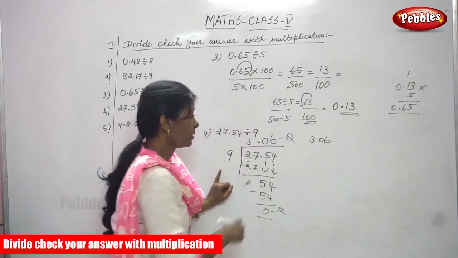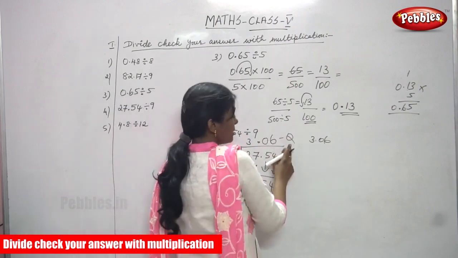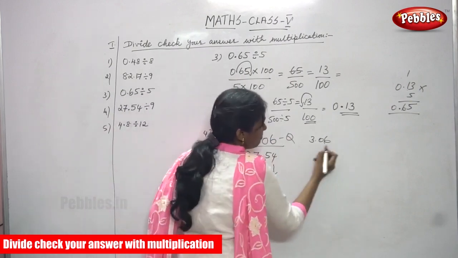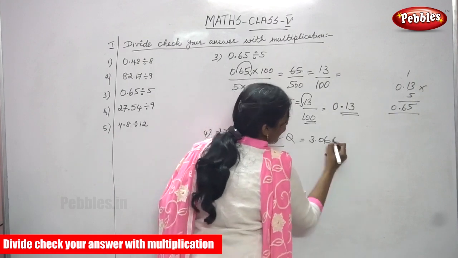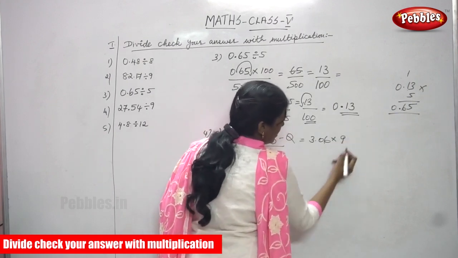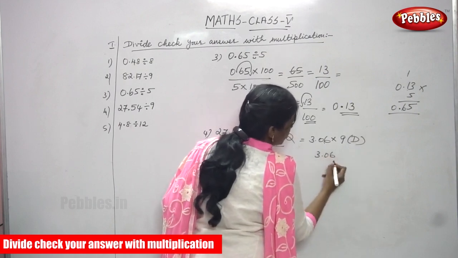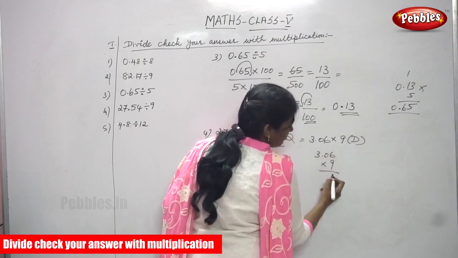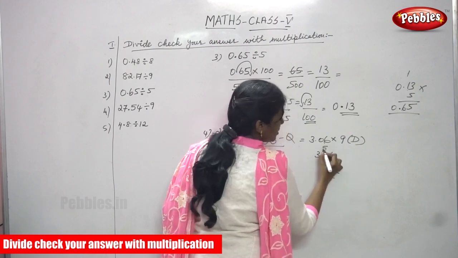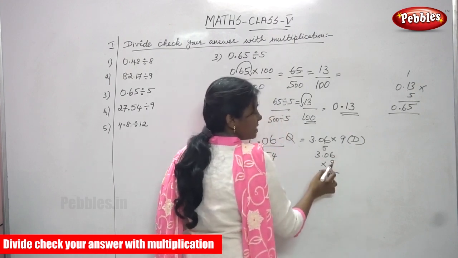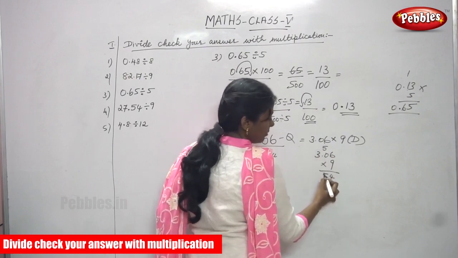So what is the check method? Quotient is multiplied with the divisor. That means Q into the divisor, that means 9, that is D. So 3.06 into 9. 9 6s are 54, 4, carry over goes to the tens place. So 9 into 0, 0. 0 plus 5, 5.